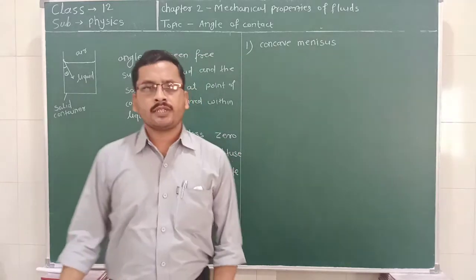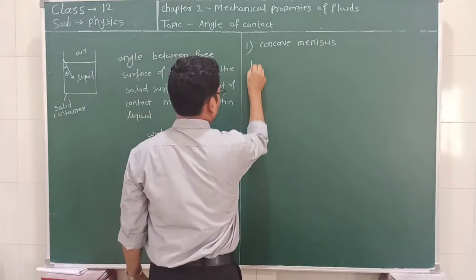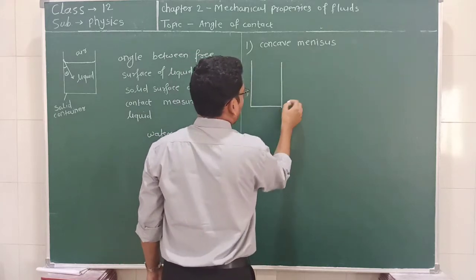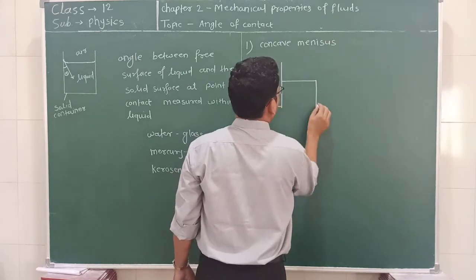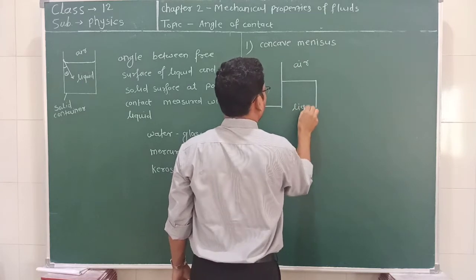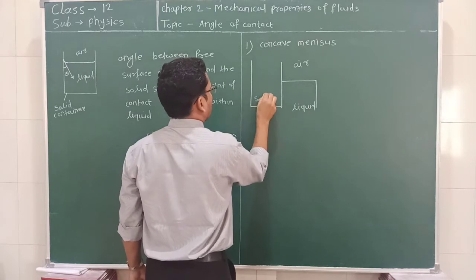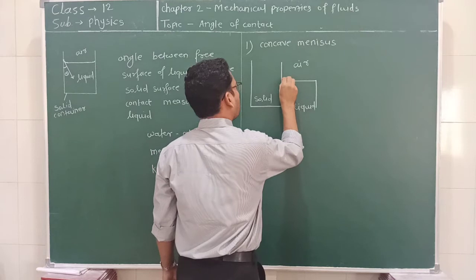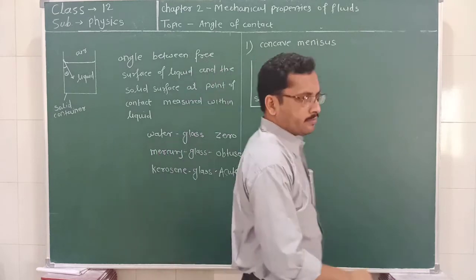Let's see here, this is solid surface, and this is liquid, and this is the air medium. So we can write here this is liquid and this is solid. So consider a molecule here. This molecule we denote here by A.